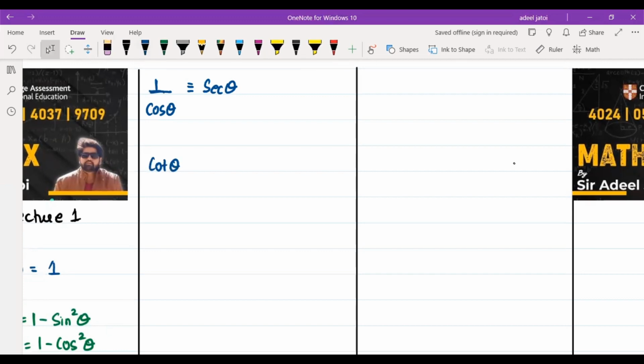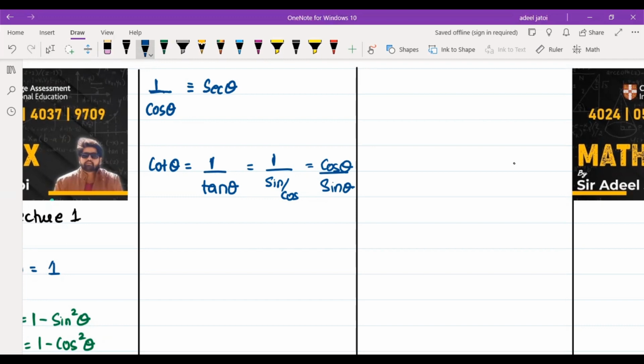Your cot theta is basically the reciprocal of tan theta: 1 upon tan theta, which can be written as 1 upon sine upon cos, and eventually as cos theta upon sine theta. So cot theta can be written as 1 upon tan theta, or as cos theta upon sine theta.